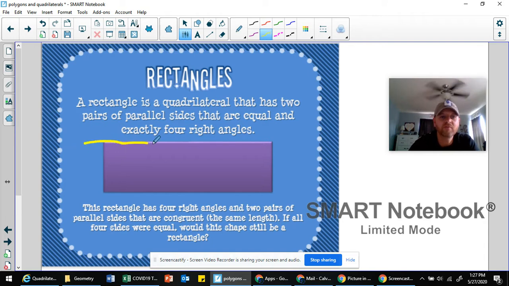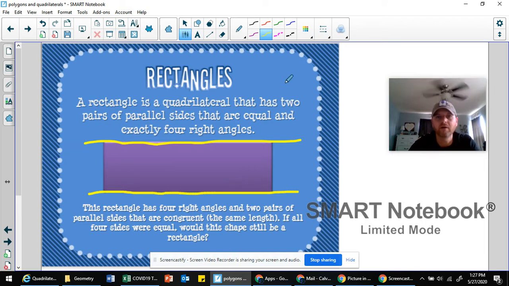So it's got 2 pairs of parallel sides. Now remember, it takes 2 to make a pair. So the top and the opposite would be the bottom. There's 1 pair of sides that are parallel. And then if you look at the left and the opposite would be the right, those 2 sides are parallel to each other. So that's where we're getting 2 pairs of parallel sides.